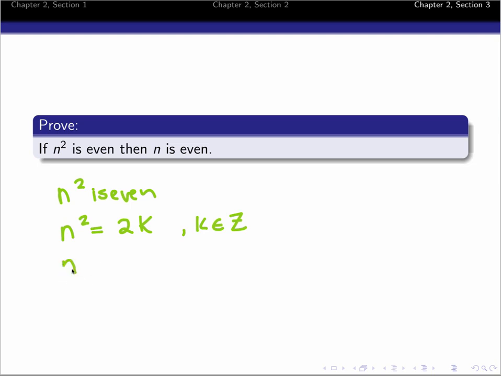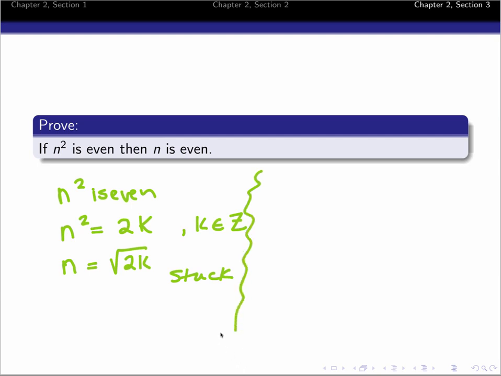So I'd get n is equal to the square root of 2k, but I can't factor a 2 out of that. So because I can't factor a 2 out, I can't say n is even. So I'm now stuck. So this one is very similar, but notice that the same method does not work at all.